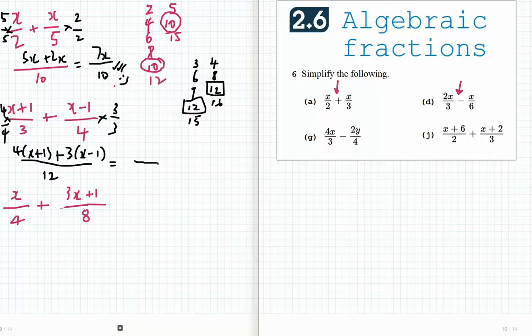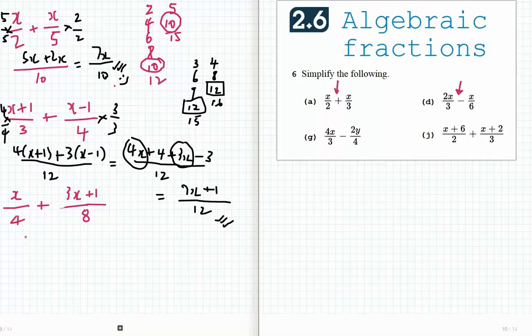That's going to equal all over 12. 4 times x is 4x. 4 times 1 is 4. 3 times x is 3x. 3 times negative 1 is negative 3, which equals over 12. 4x plus 3x is 7x. 4 minus 3 is plus 1.